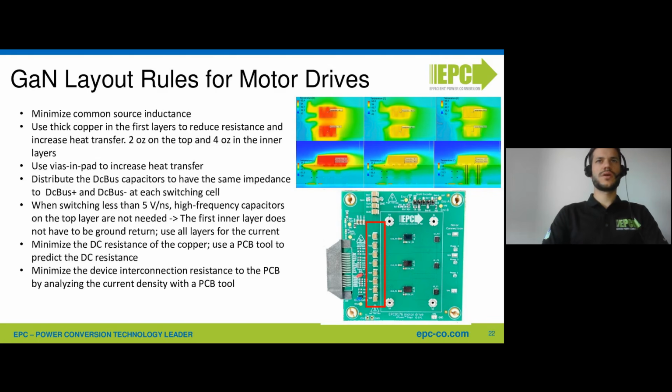Thanks to the very good switching performance of the transistors, gallium nitride motor drives don't really need decoupling capacitors, such as other applications like DC to DC converters or silicon MOSFET gate drivers, as soon as a ground return plane is made inside the PCB.